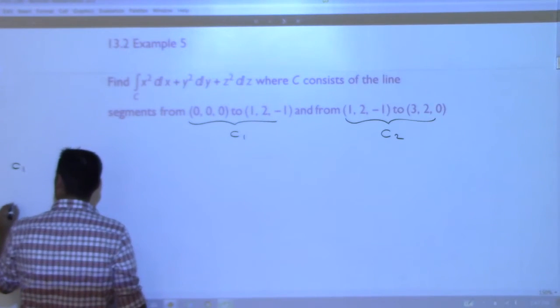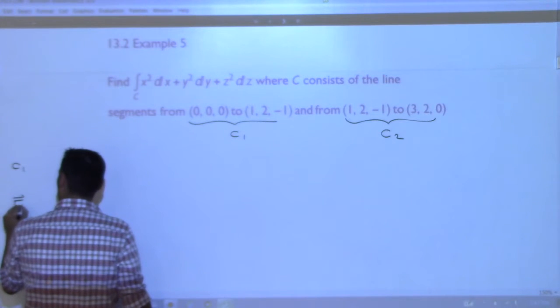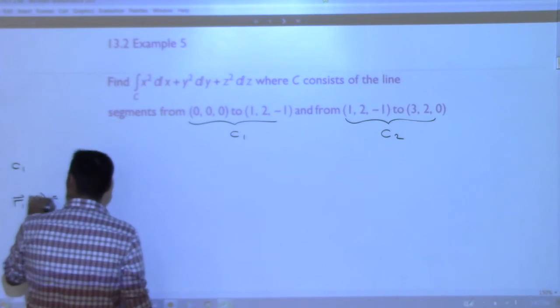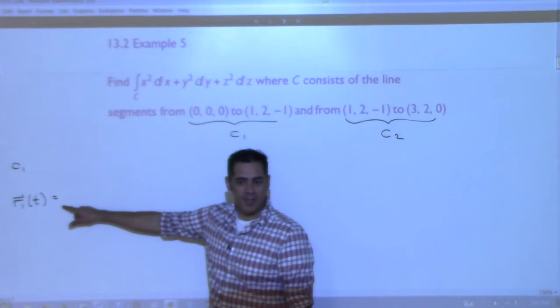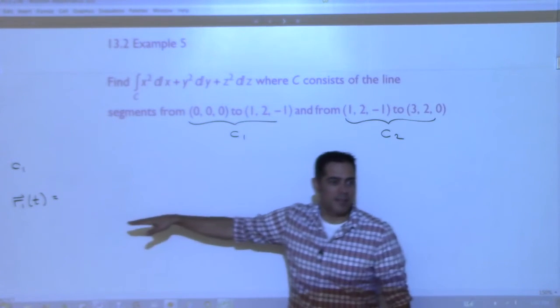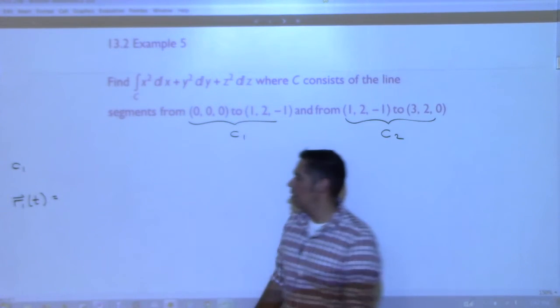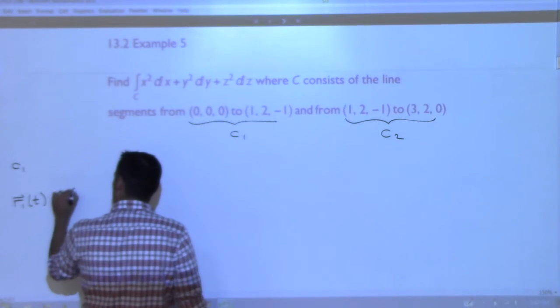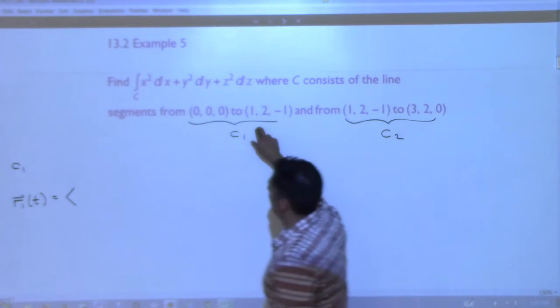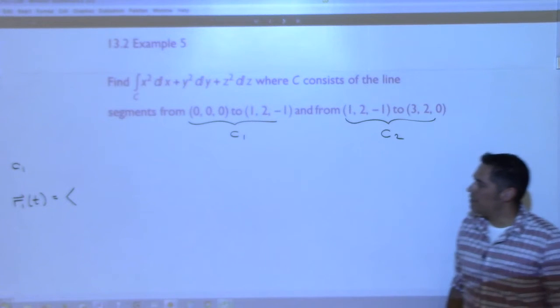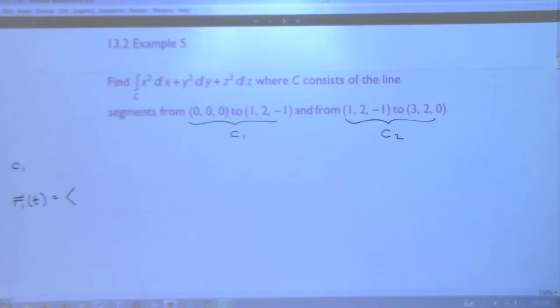So C1, watch how I do this. I'm going to write it in vector form instead of x of t, y of t, z of t. So what is the vector form of this? How do I draw that line segment? This one's kind of easy. That's why I'm just going straight to it.